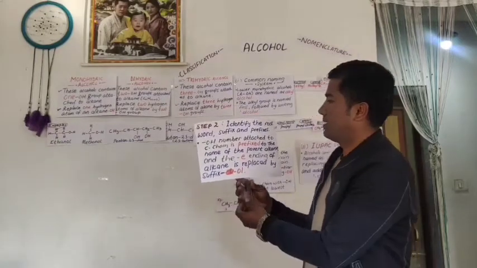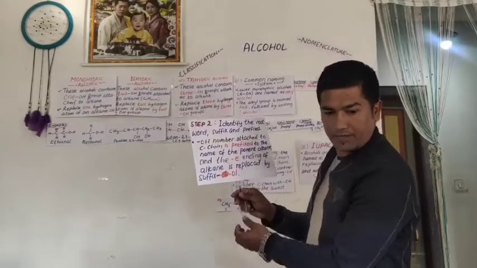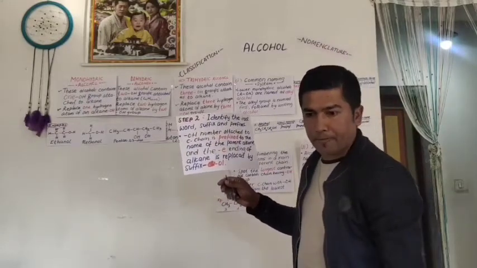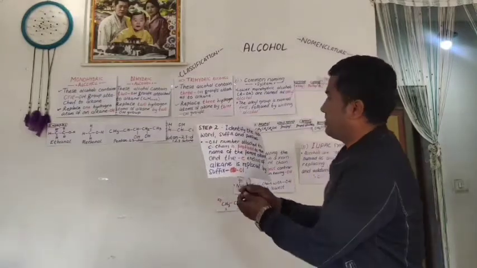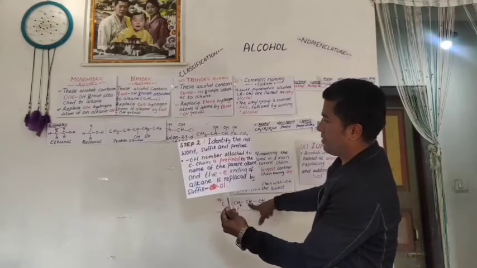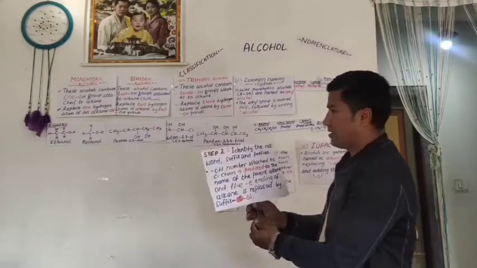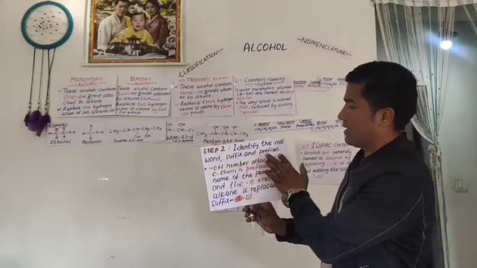So the OH number attached to the chain is prefixed. For example, the OH number here, you can see, is prefixed. Okay, step 2, just remember for now: identify the root word, suffix and prefixes.